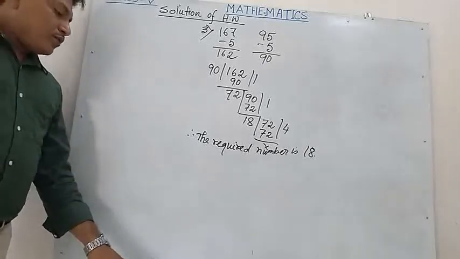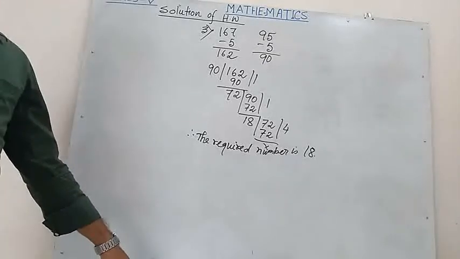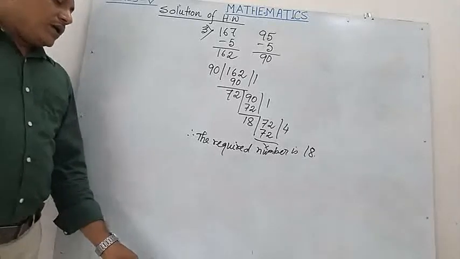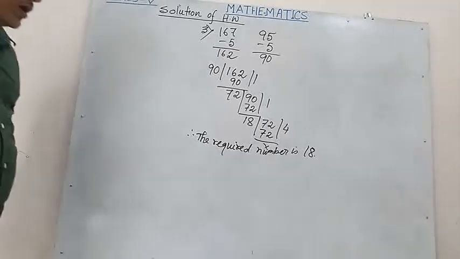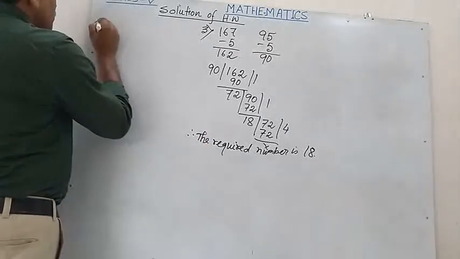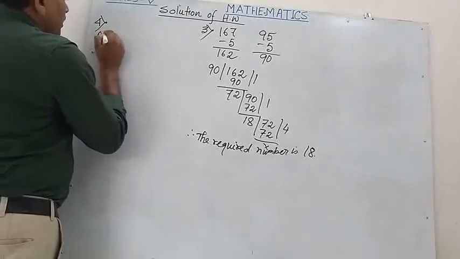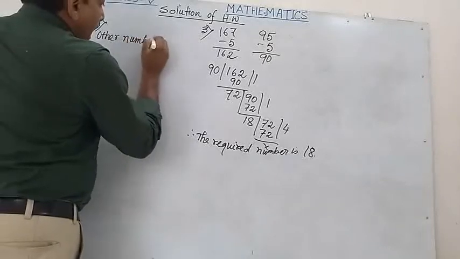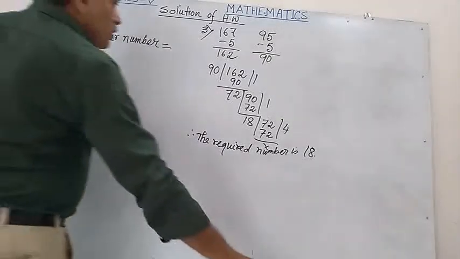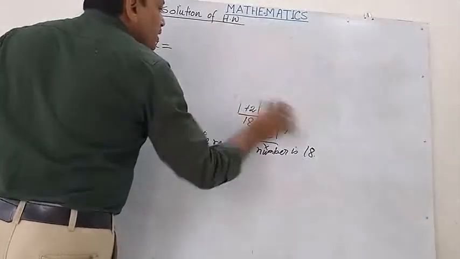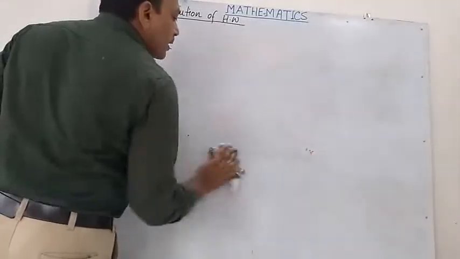Next, number 4. The HCF of two numbers is 144 and their LCM is 2880. If one number is 720, find the other number. So here, what will be the other number? As we know, HCF into LCM equals the product of the numbers.